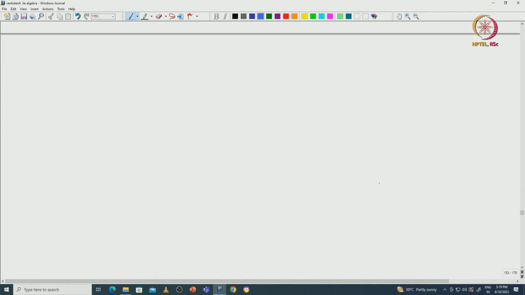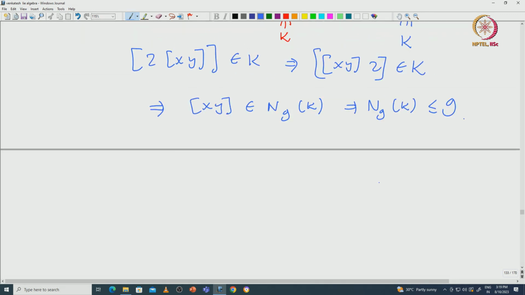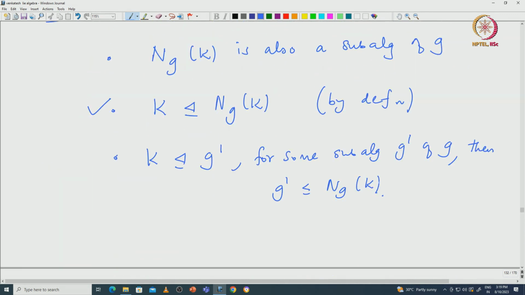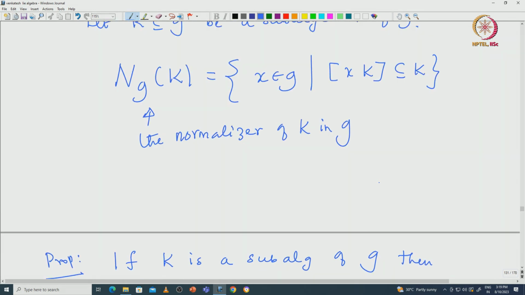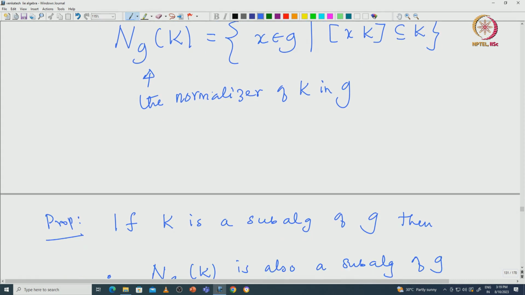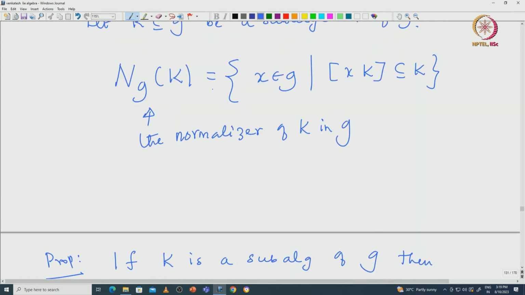Now we will define what is called the centralizer of a subset of G. Note that this normalizer one can define for any subset or any subspace, but to make it somewhat meaningful, one has to start with a subalgebra, otherwise this N_G of K will not even contain K. So, this is the important thing. Let us make a note.